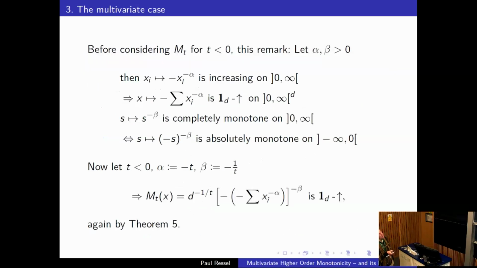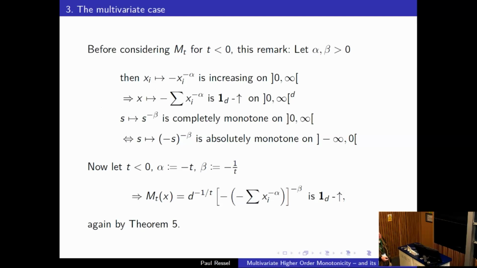Before considering M_t for negative t, a small remark. Let alpha and beta be positive numbers, then x_i to the minus alpha is increasing on the half-line. And again, a tensor sum is then 1D increasing on the open half space. And with the beta, s to the minus beta is completely monotone.